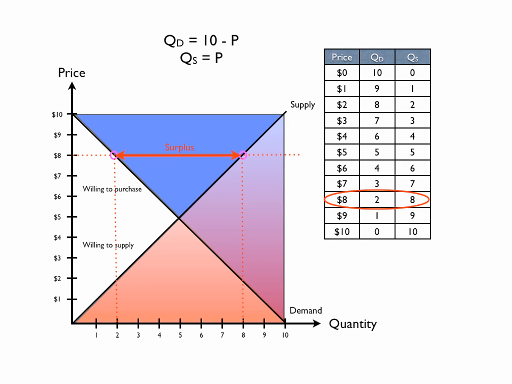When this happens, in order to sell this excess supply, producers have to lower their prices, which induces consumers to buy more. Now in this case, if there are actually 8 units in the market, consumers only value that 8th unit at $2, so the price would have to fall along that demand curve to $2. But these lower prices will induce more consumers to buy more of these units.